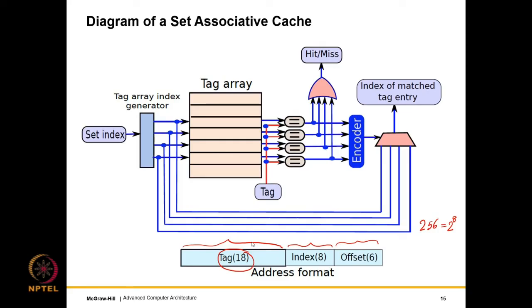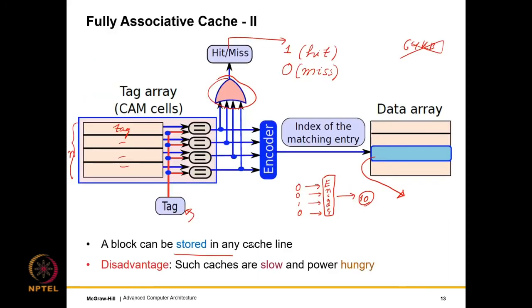This is the right point of time to go back and answer one unanswered question in the fully associative cache, which is how large is the tag in the fully associative cache. Let me quickly answer that before I proceed, because that's a vital part of this discussion as well. In the fully associative cache, the bottom 6 bits will remain the same.